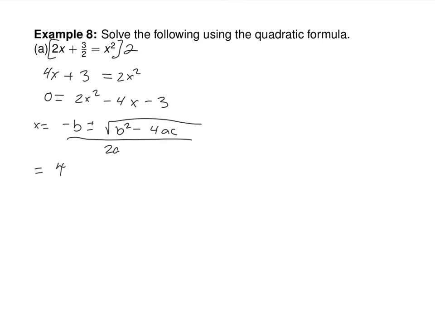Okay, so 4 plus or minus root of 16, right? Minus 4 times 2 times negative 3, all over 4.